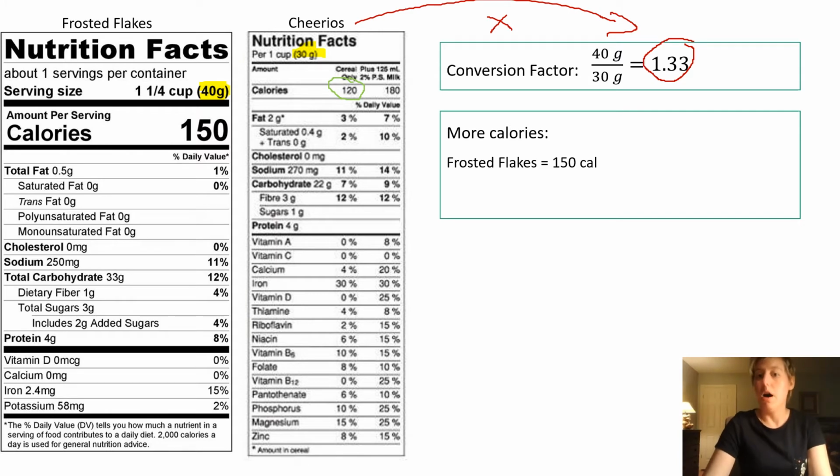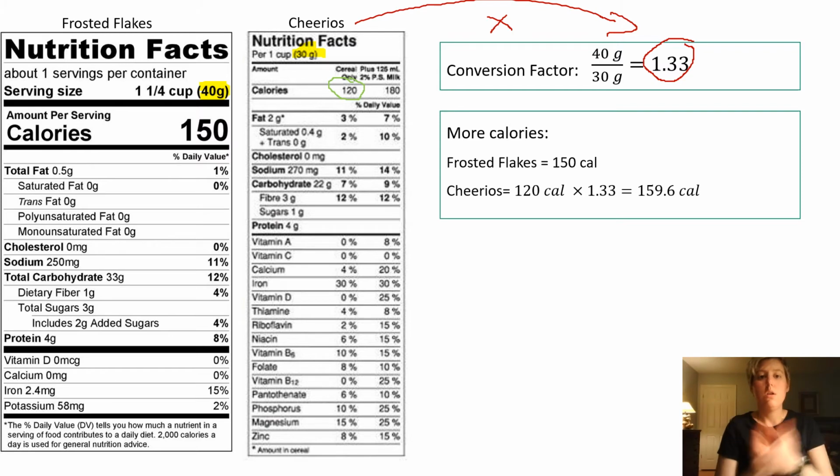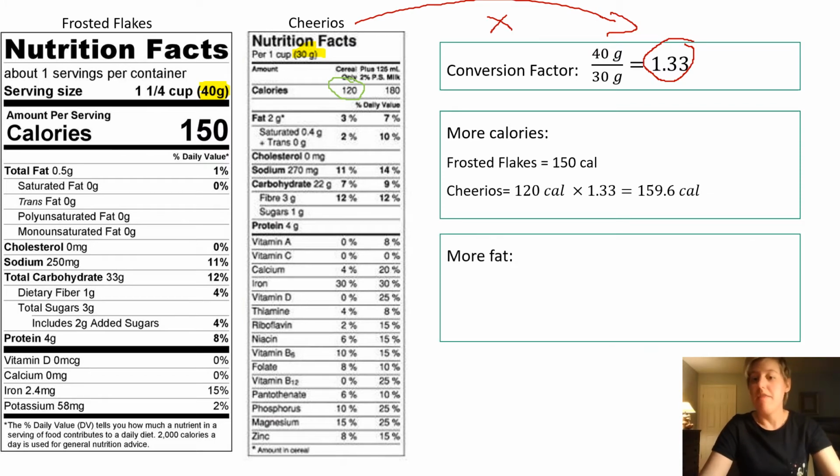I have to do 120 times my conversion factor, so 120 times 1.33, and I actually get 159.6 calories. So if I had the same amount of Frosted Flakes and Cheerios, Frosted Flakes would give me 150 calories per serving, and Cheerios would give me 159.6 calories per serving.